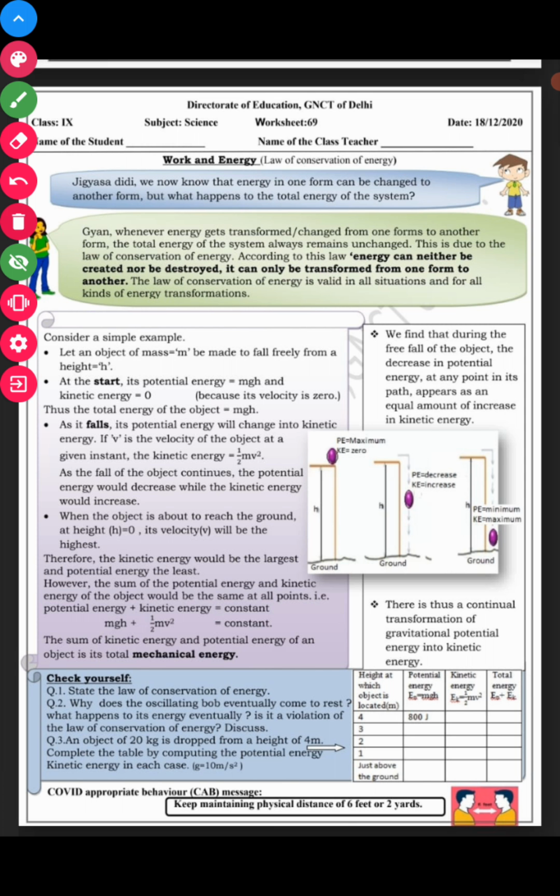It means that in a system the total amount of energy remains the same or unchanged because of the law of conservation of energy. We can understand this with the help of a simple example.